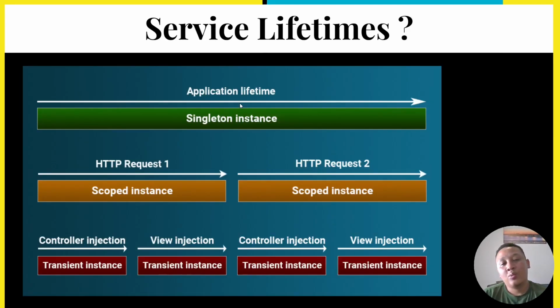Okay, so what are service lifetimes? We've chatted a little around the three different types of service lifetimes that we have, mainly singleton, scoped, and transient. The way I want you to picture this is we have an application and the application simply does something.